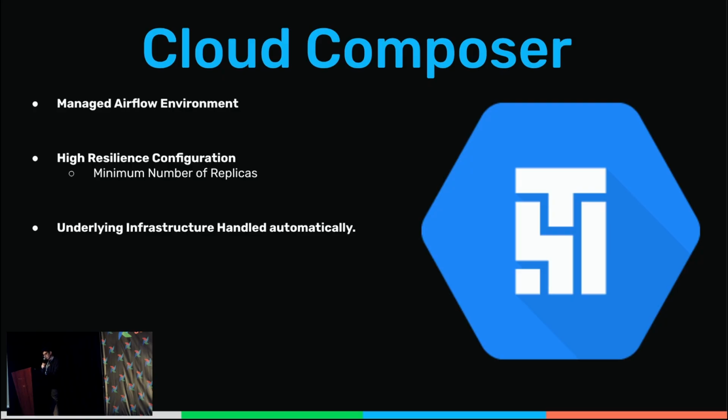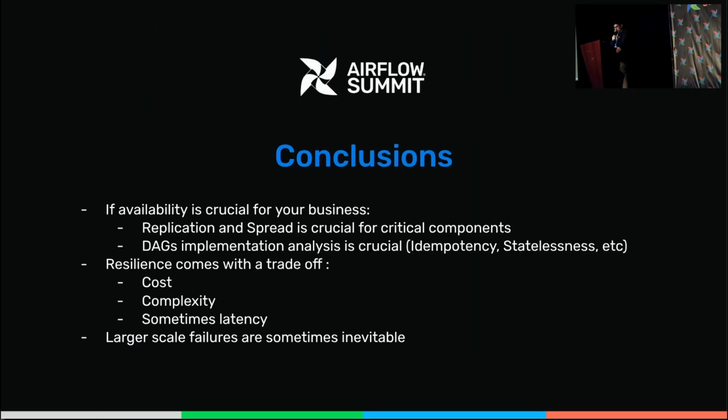So the conclusion is that if availability is crucial for your business, replication and spread are crucial for your critical components. You also need to analyze your already implemented DAGs or the next ones, and make sure that they are stateless, highly idempotent, and so on and so forth.